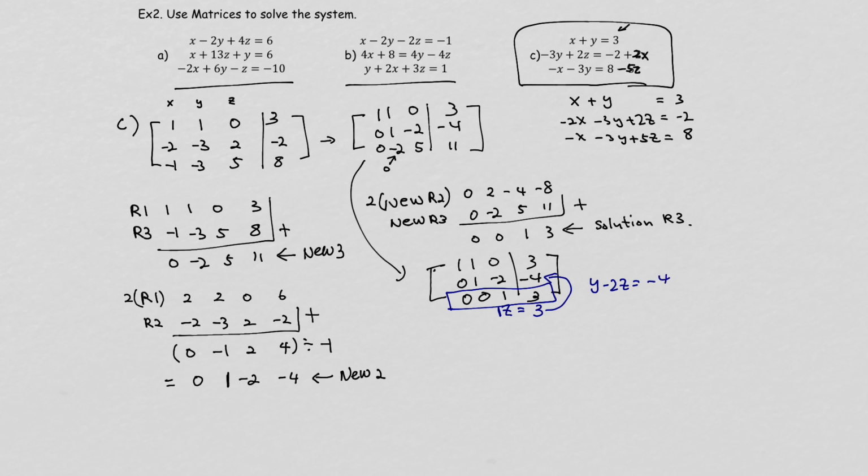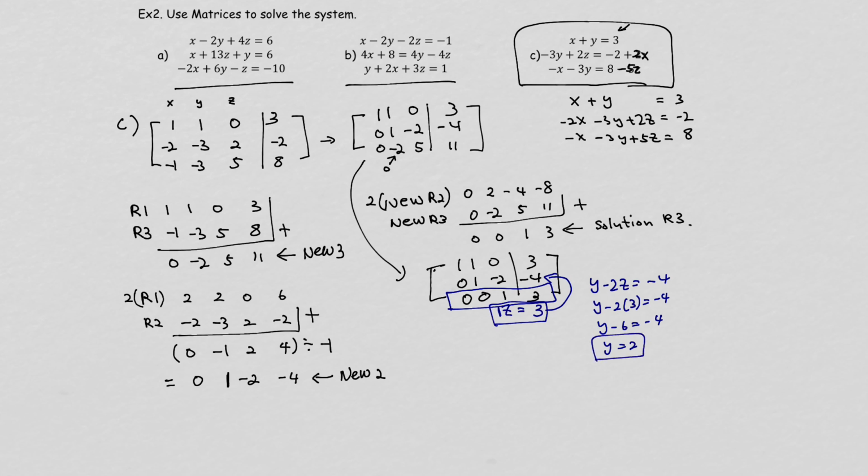Replace z by 3 to find your y value. You will get y minus 6 equals -4, so your y is going to be 2 when you're adding 6 to both sides. So you have z equals 3, y equals 2.